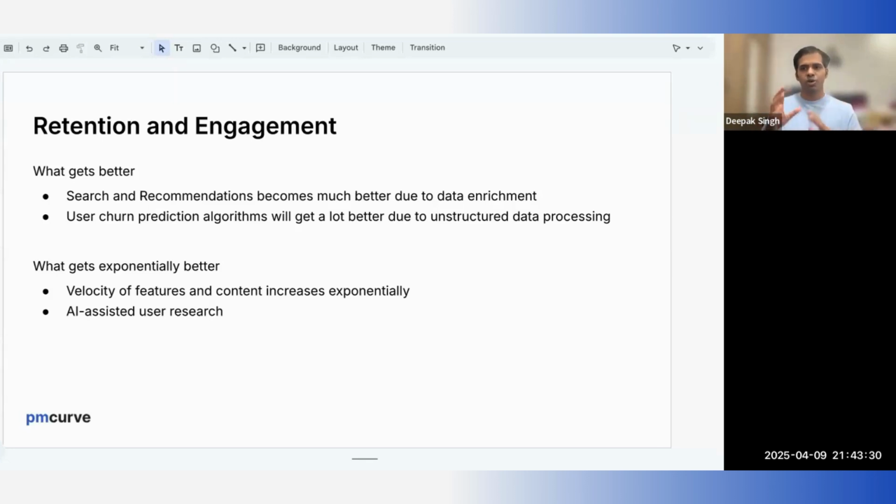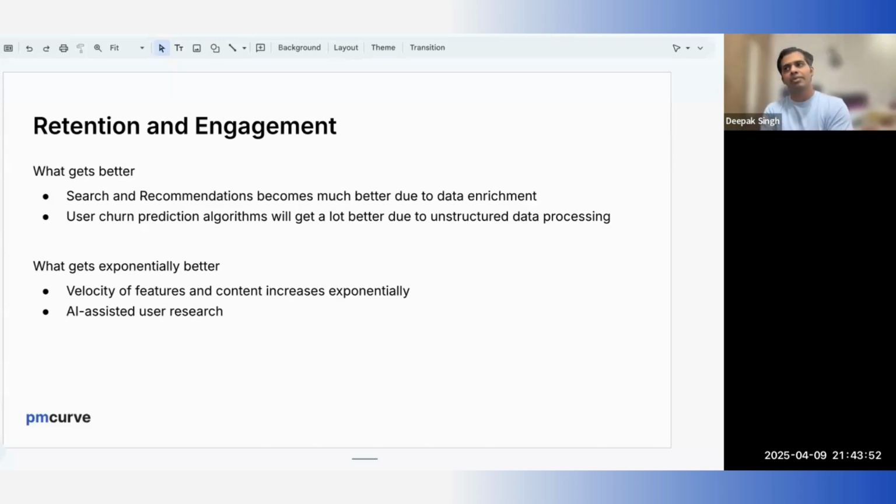You have the benefit of looking at reviews and triangulating them. You have the benefit of looking at the surveys that a user has taken over their lifetime on the product. And you can merge all of this with quantitative data to create a very, very good churn prediction algorithm, right?